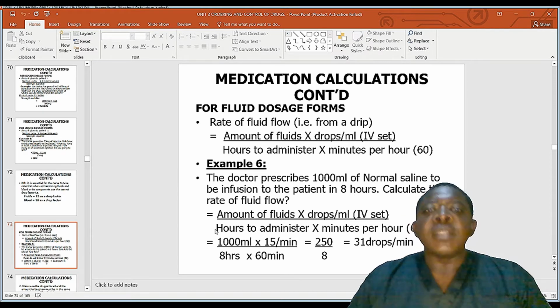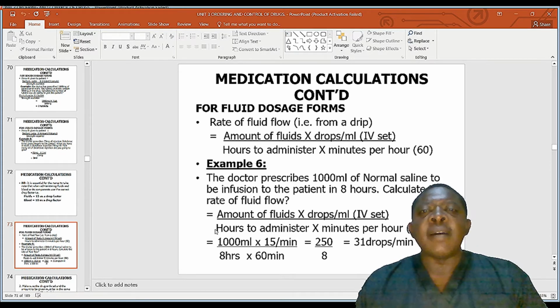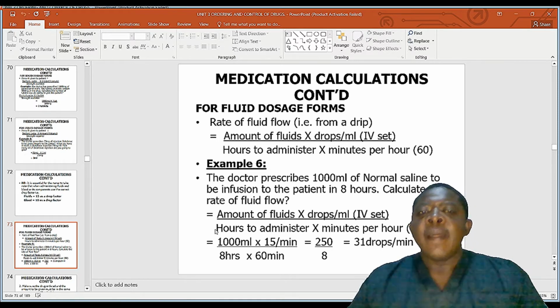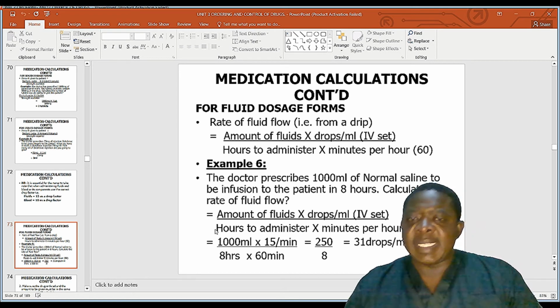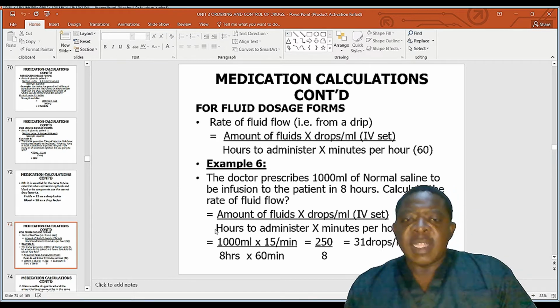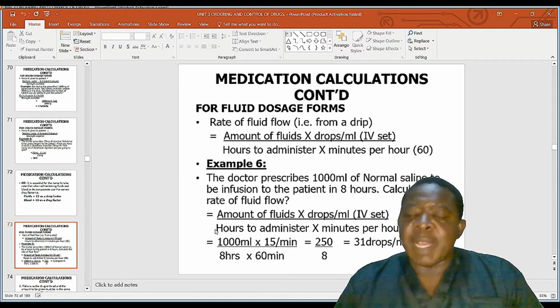This is a fluid, so we will use 15 for fluid, the way we have tabulated them in these notes. Then the 8 hours, to convert into minutes, we multiply by 60. When we do the calculation, we find that we have 31 drops per minute.